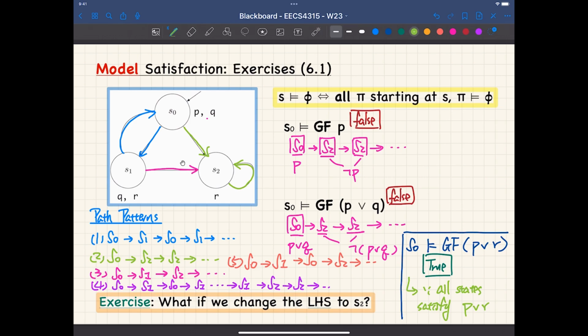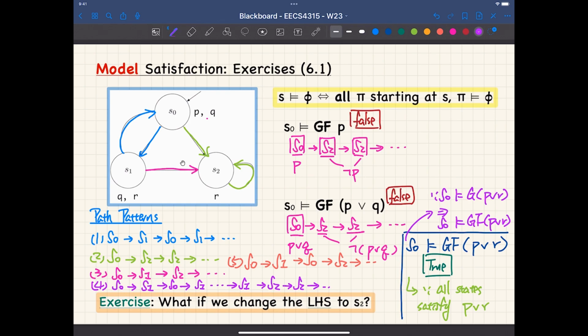Another way to really make a side note, because at S0, we know that it is globally true, P or R, that definitely implies it would satisfy infinitely often, P or R. Sometimes it satisfies the first statement, but it doesn't satisfy the second statement, so you can't always use that method, right?